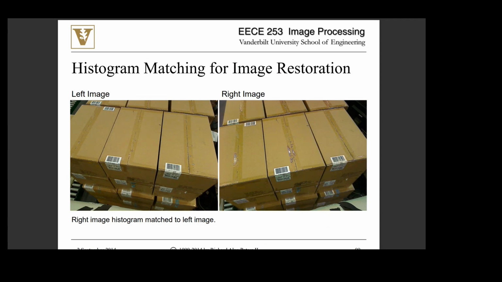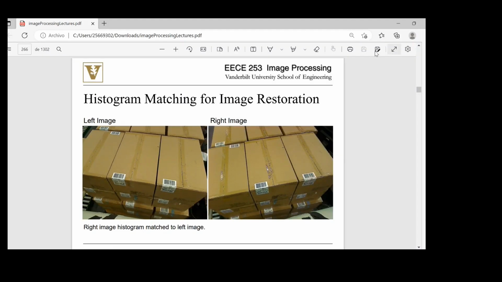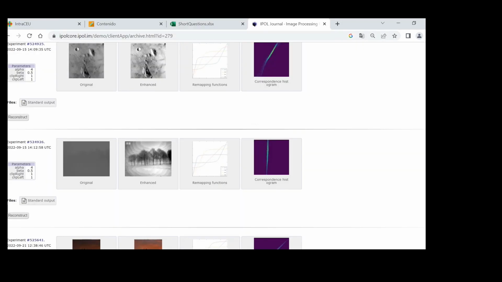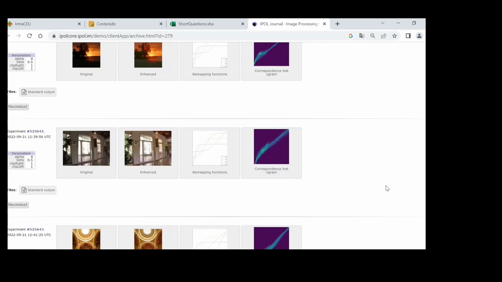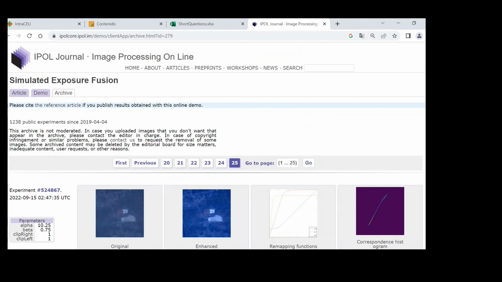Let's look at an iPhone. Let's go to iPhone. This time I have chosen this paper here, simulated exposure fusion, but the name may not mean much to you.